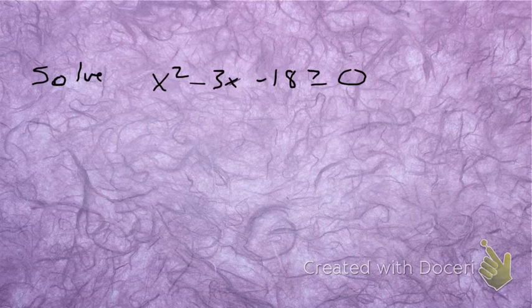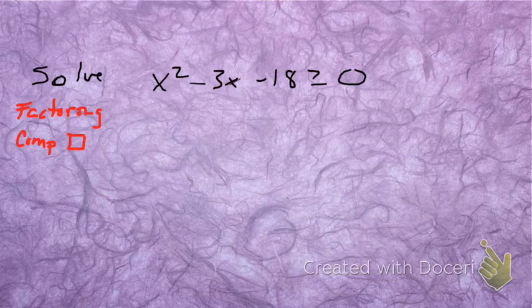Solving a quadratic, you have three choices. You can either factor it using the monkey method, you can complete the square, which was our vertex method from 5-5, or you can use the quadratic formula, which was our 5-6.